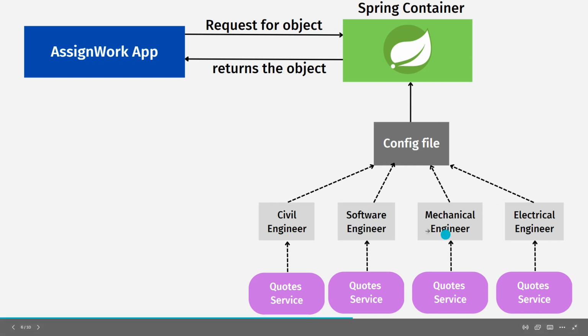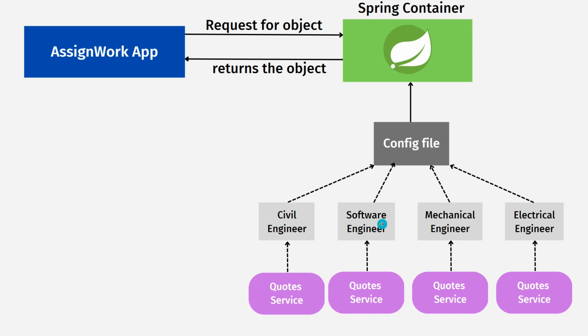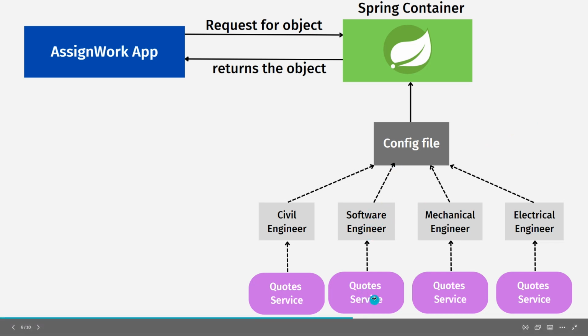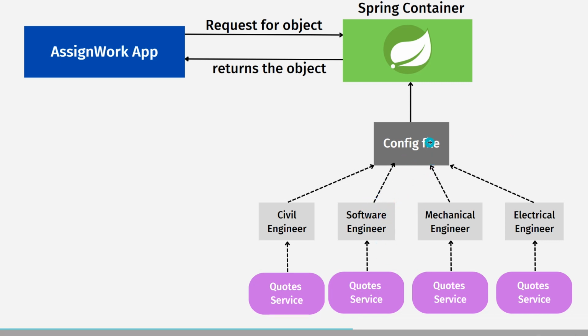That will be the high-level flow. The dependency will get initialized, and then this whole object will get passed to the application, and then we can use that whole object.